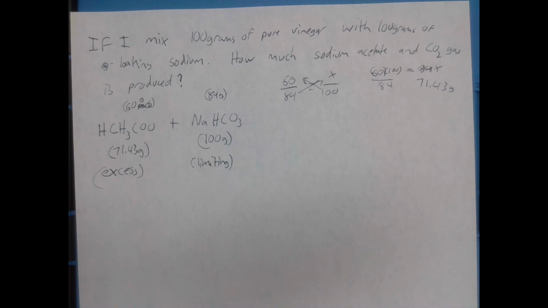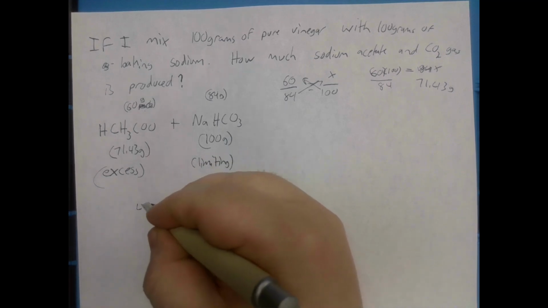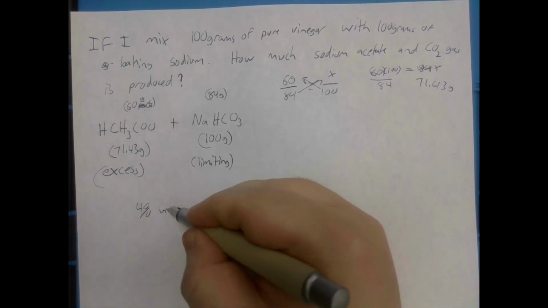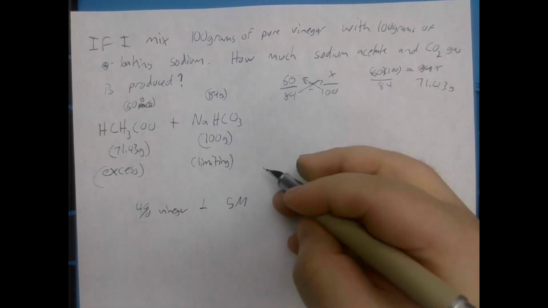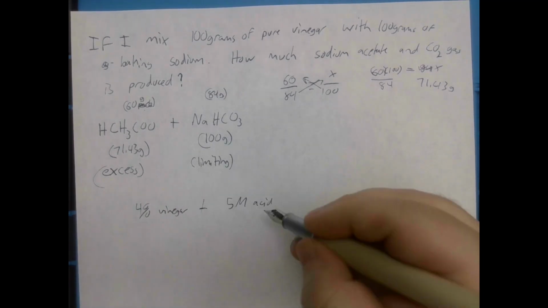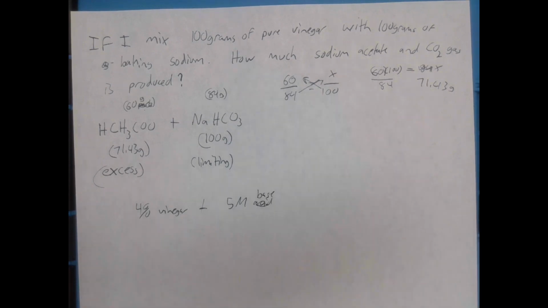So first, you can't really have 100% vinegar. I'm trying to not get ultra complicated. We're going to learn what happens when you have 4% vinegar mixed with 5 molar acid or base. But I'm trying to assume everything's 100% right now, making it easy.